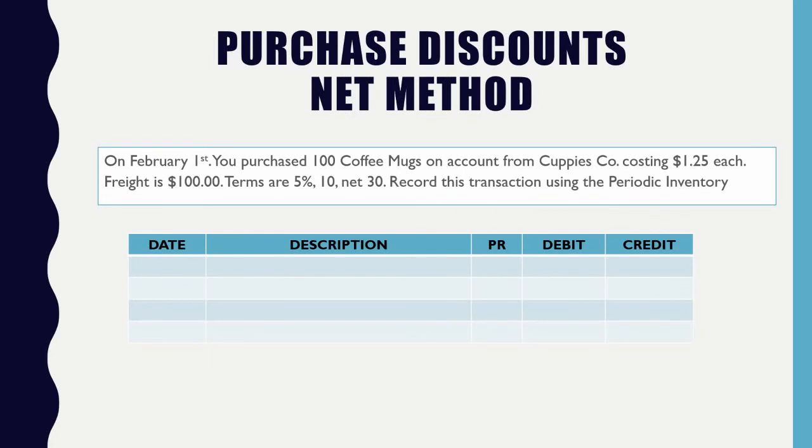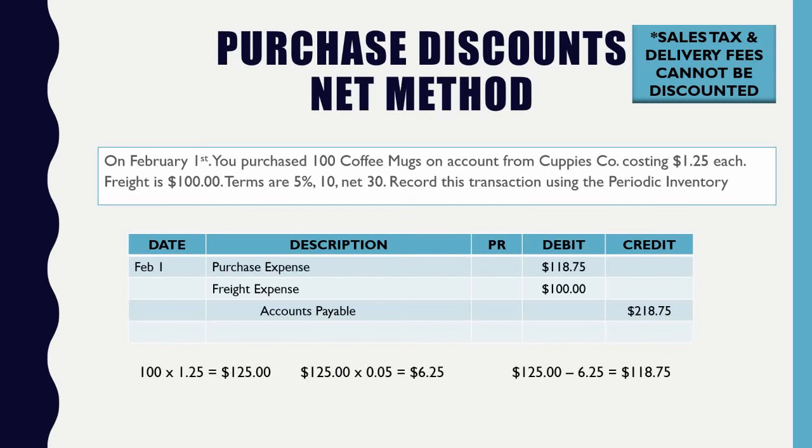When we take a look at the scenario and we're going to look at our purchases, we're going to automatically assume that we're going to pay them on time. So therefore, I'm going to take the discount immediately. So when I journalize it, I'm journalizing it at discounted prices. I'm already taking the discount out automatically.